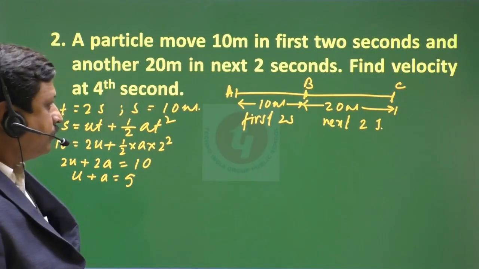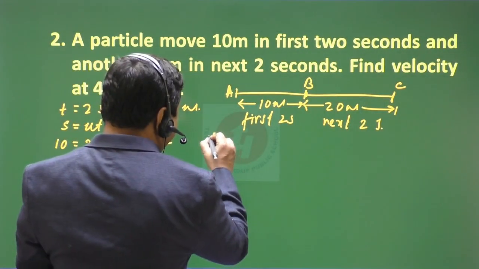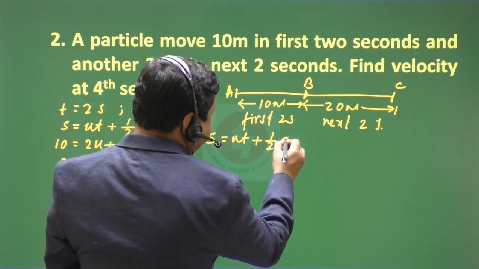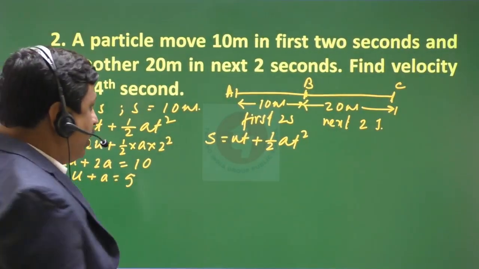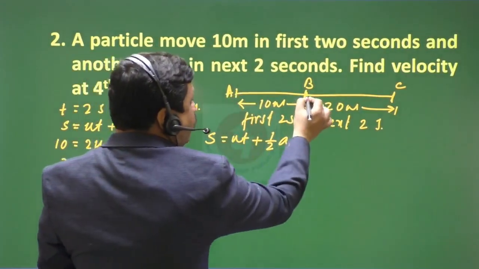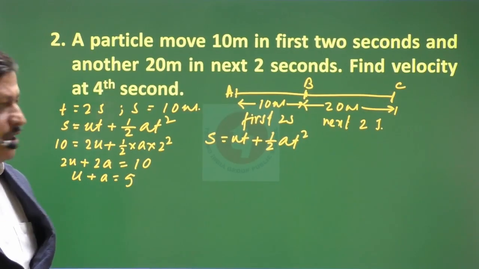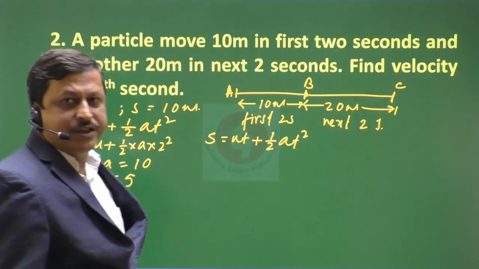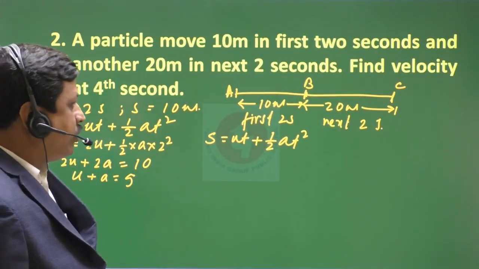But here if you put the equation s equals ut plus half a t square, there is a complication, because u at A and u at B are not the same, because there is an acceleration, right? So you have to take the whole time.